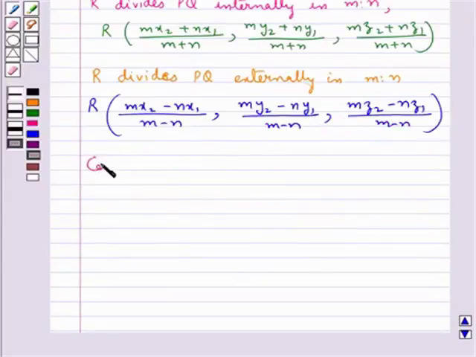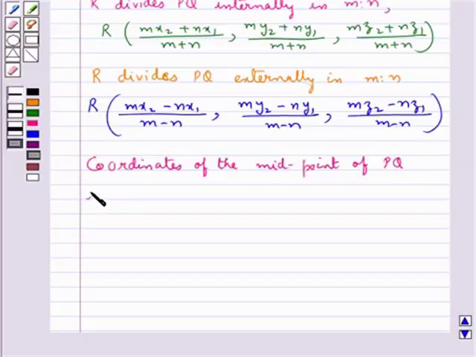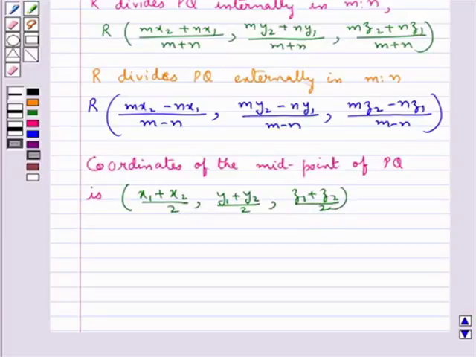Then the coordinates of the midpoint of the segment joining the points P and Q, that is of the line segment PQ, is given by x1 plus x2 by 2, y1 plus y2 by 2, z1 plus z2 by 2.